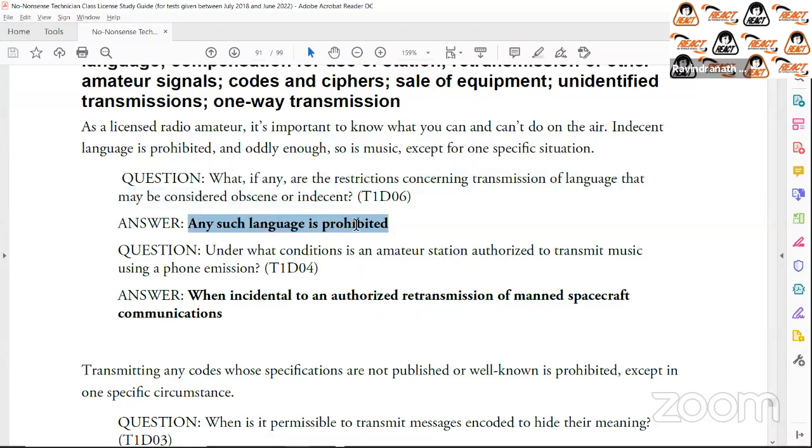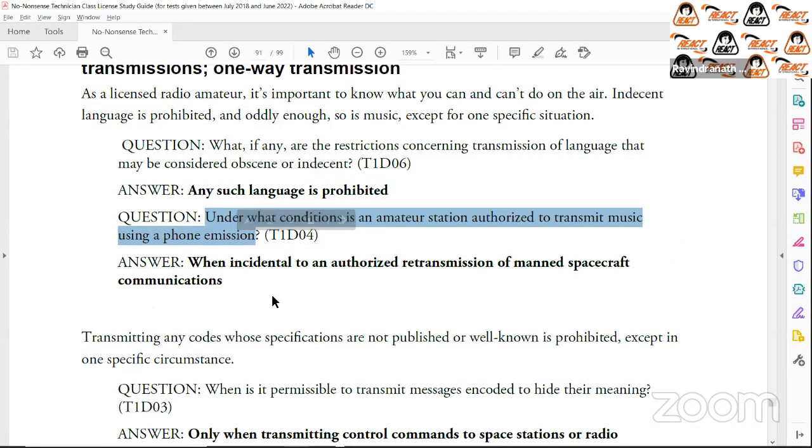We said that any such language is prohibited. Obscene or indecent language is prohibited. In other words, you cannot cuss and carry on. Prohibited.